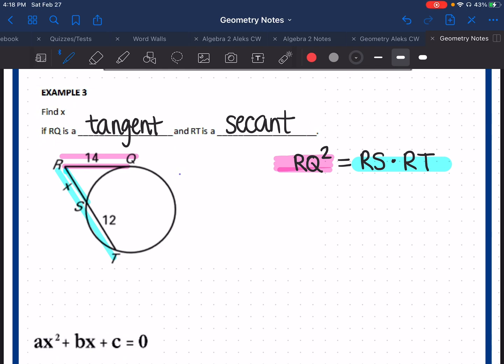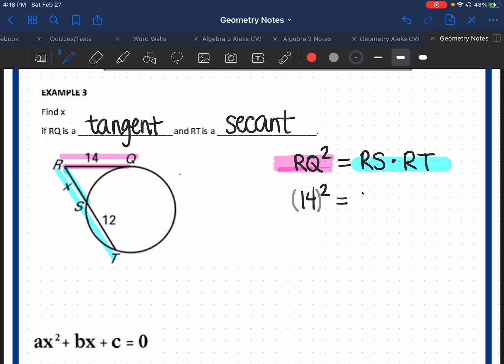So let's go back and look at our colors, because the pink is 14. So I'm going to do 14 squared. It shouldn't be negative, so it's not going to be an issue if you put it in parentheses or not. But just for next year, when you go into Algebra 2, it's always a good idea when you're squaring a number to put it inside parentheses, because when it is negative, you have to do the negative times the negative, okay?